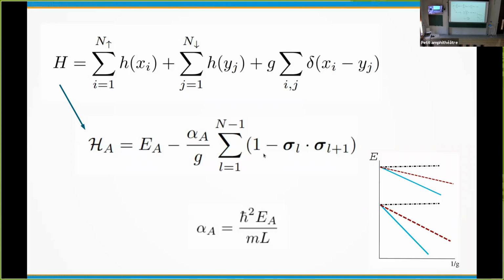Wait, just to specify, you use G for the interaction between up and down particles. Exactly. You need large G because you have external potential, right? No, I don't understand this statement, because if you have no external potential, say periodic, but I'm pretty sure that a hard wall potential is also working, then you can of course solve this problem at any G. This is what's called the fermionic Yang-Gaudin model.